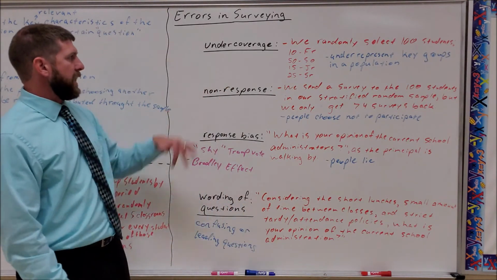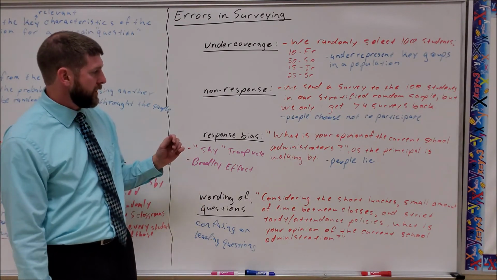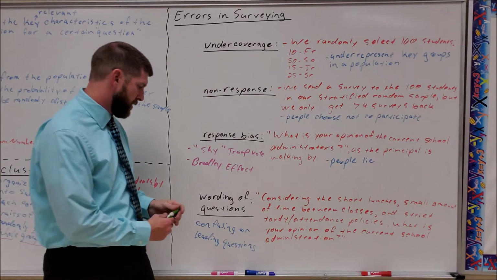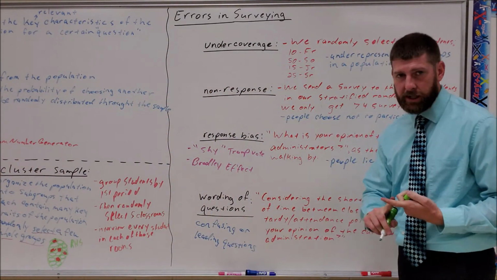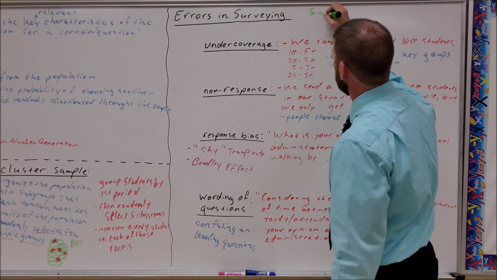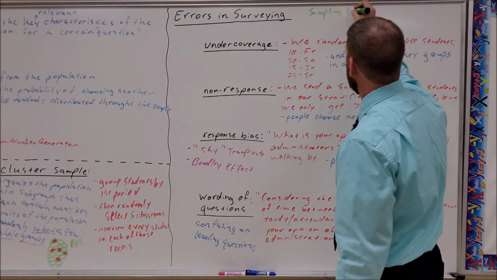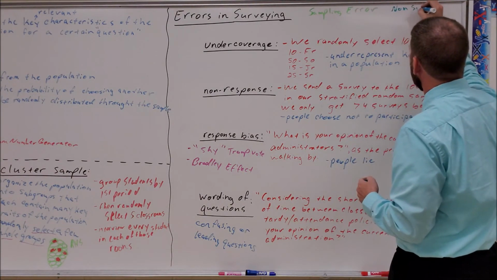Now, of all these errors, I've got one little activity I want you to do right here. Some of these are what we would consider a sampling error, and some of these are non-sampling errors.